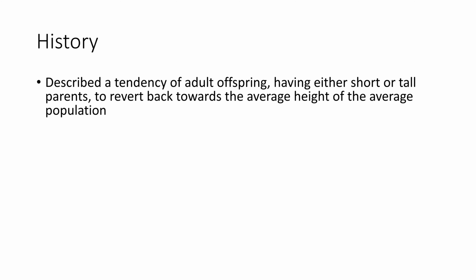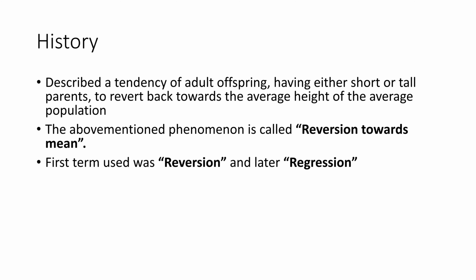Similarly, adult offsprings of shorter parents were taller than their parents. So he concluded that the generations moved towards the population mean. And he described this phenomenon as reversion towards the mean, and then the term reversion was replaced with regression, and then we started calling it regression towards mean.